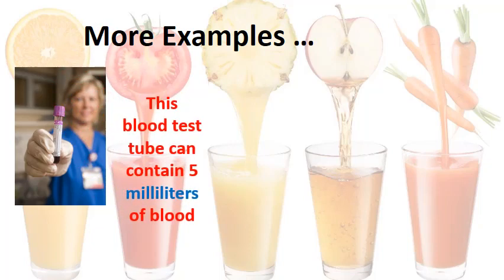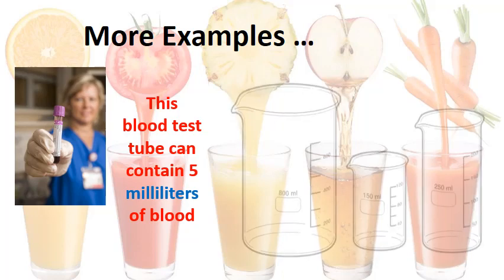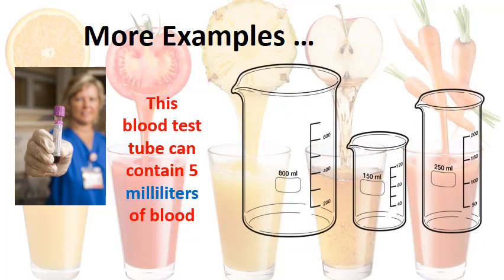This blood test tube can contain 5 milliliters of blood. While if you look at these flasks, you can notice that this one can contain up to 800 milliliters, this one up to 150 milliliters, and this one up to 250 milliliters.